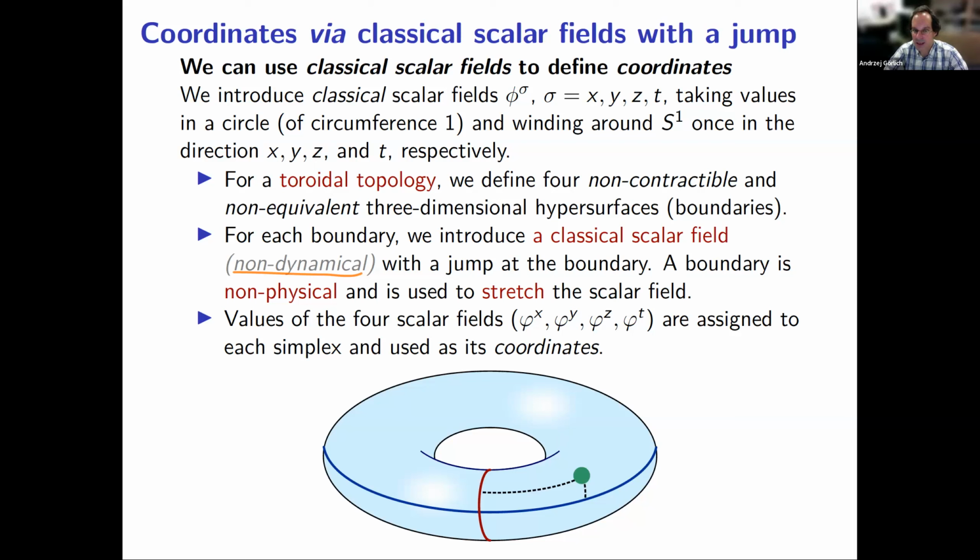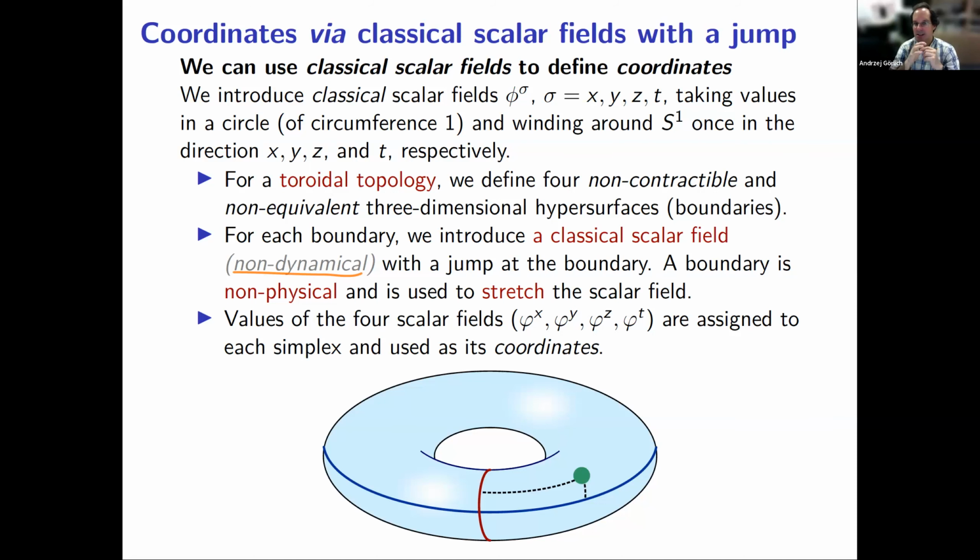But we modify this slightly by stretching the scalar field. And let me describe how we do it. We want those scalar fields because then we can use them as coordinates on this triangulation, and I will also talk about that.